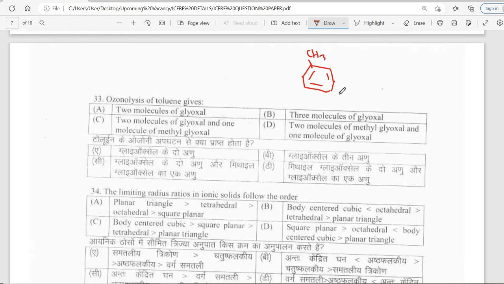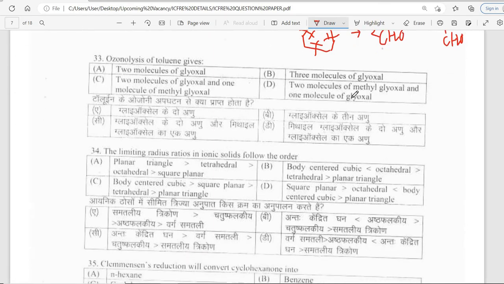If we do ozonolysis of this compound, it can only break the double bonds, and one carbonyl group is added to each of the carbon atoms. So after hydrolysis of the ozonolysis product, we get glyoxal, CHO-CHO, 2 moles of it, and with that we also get 1 mole of methyl glyoxal, CH3-CO-CHO. So which one is the right answer? 2 moles of glyoxal and 1 mole of methyl glyoxal, option C.